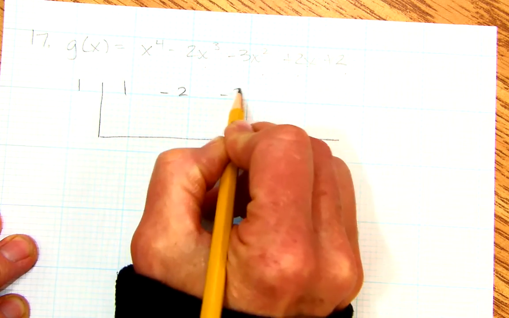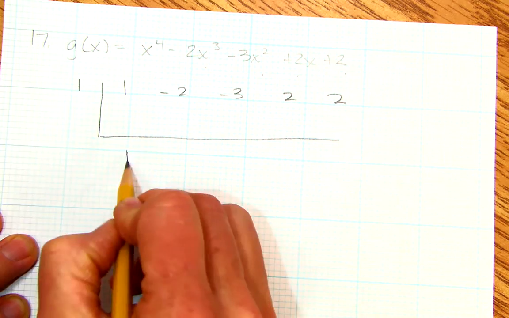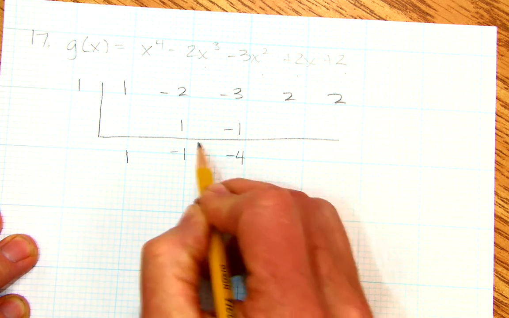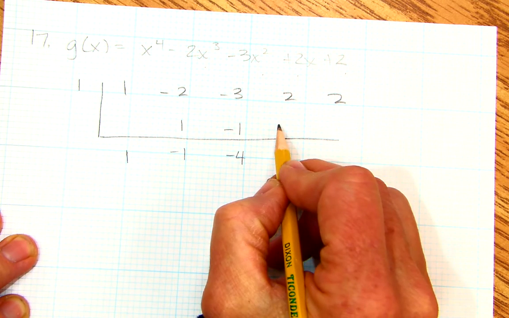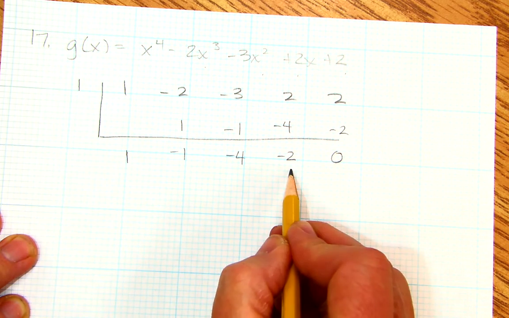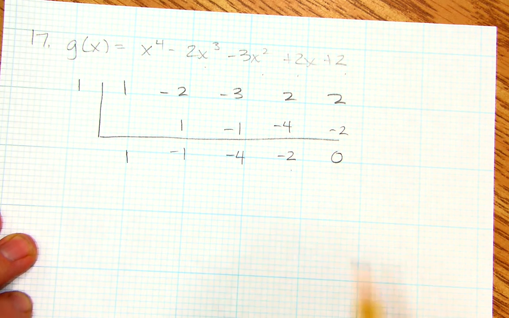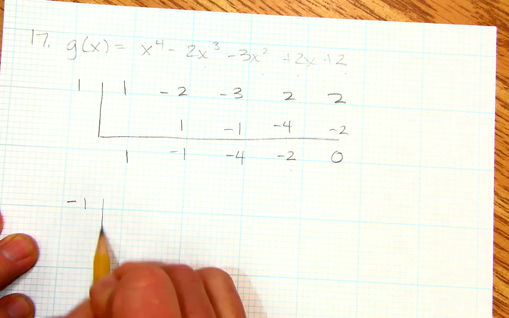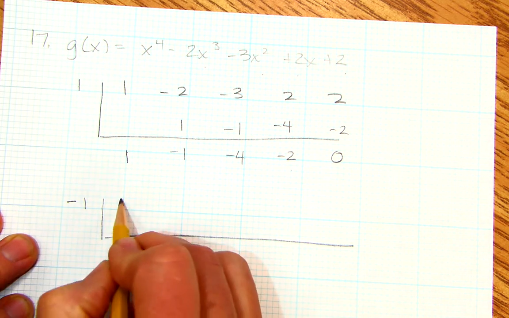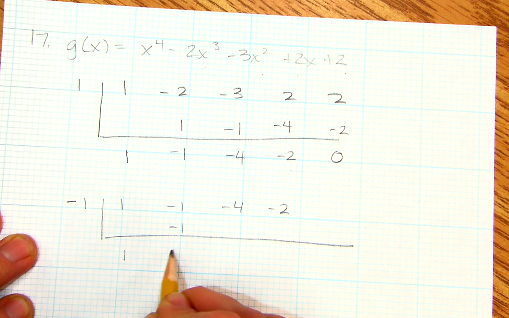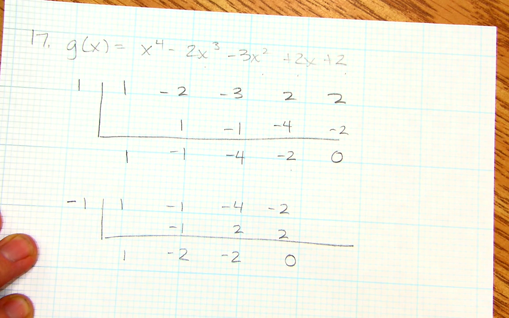So 1, -2, -3, 2, 2, 1, 1, -1, -1, -4, -4, -2, -2, 0. And again, this would be complicated to try to factor. So I look again, and it looks like -1 is another 0. So I use what I've narrowed down to: 1, -1, -2, 2, 0.